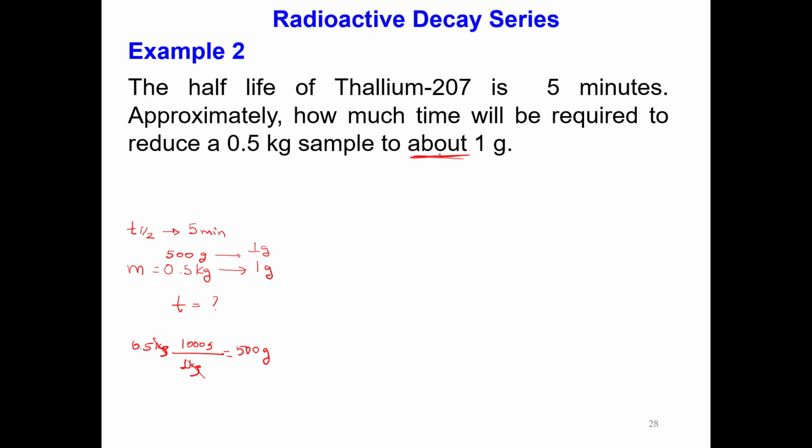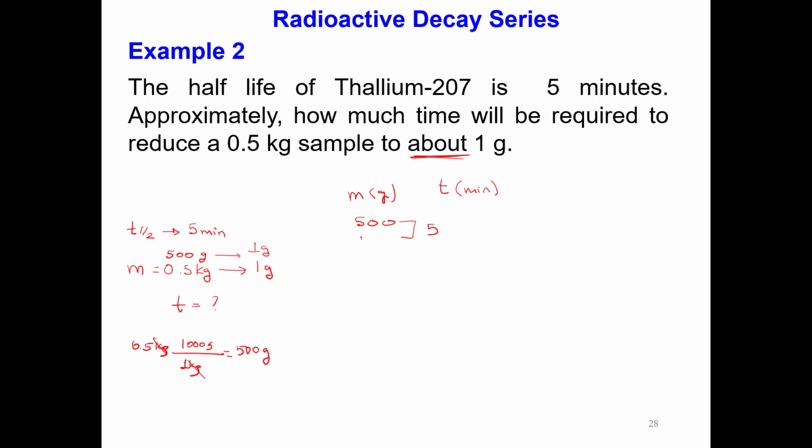We start with 500. This is the mass in grams, and we will write here the time, which is in minutes. We start with 500, and to reduce this in half, it will take 5 minutes.